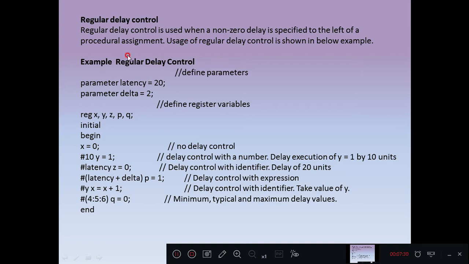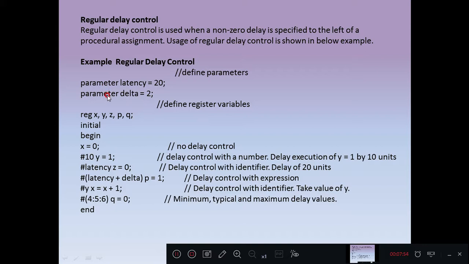Next, we discuss regular delay control. Regular delay control is used when a non-zero delay is specified to the left of a procedural assignment. Usage of regular delay control is shown in the example below. In this example, you can observe we have defined constants with the names latency and delta.